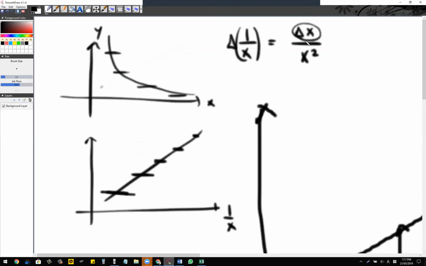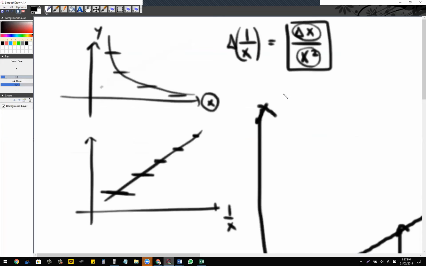This is constant, true? But this gets bigger and bigger as you go to the right. As x gets bigger, this gets really, really big. So this gets smaller and smaller as you go to higher values of x. So this is that value, right? So this is the mathematical reason.